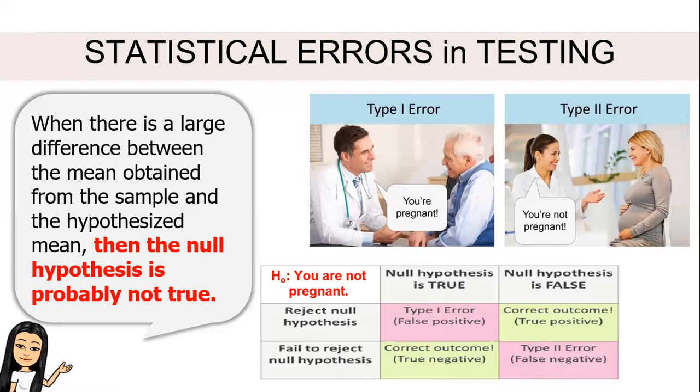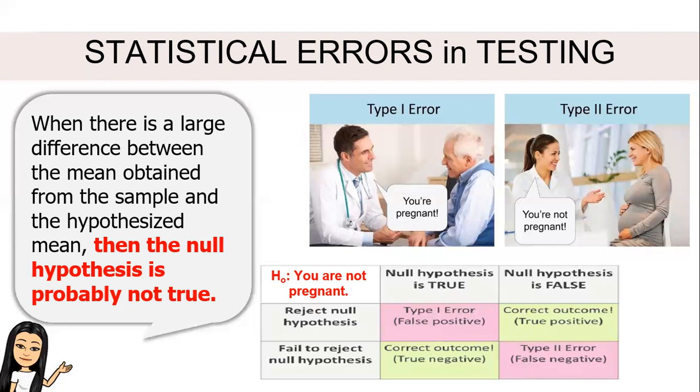Note that when there is a large difference between the mean obtained from the sample and the hypothesized mean, then the null hypothesis is probably not true. For example, according to your literature, the mean height is 5'5". If you found out that the mean height is 5'6", it's kind of near, so most likely your null hypothesis is true.